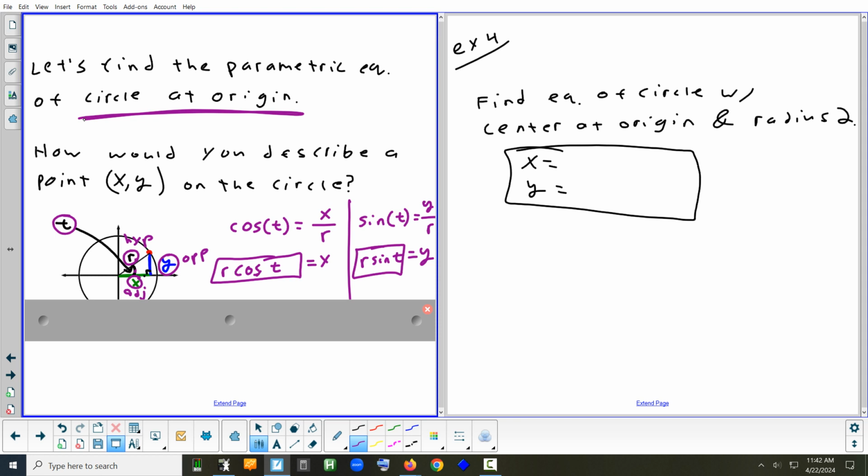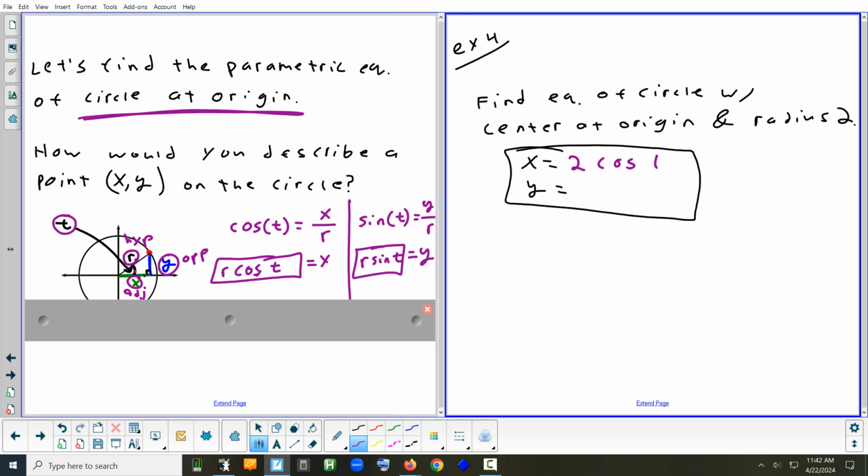Okay, so anyone think they could tell me what the formula for x would be, specifically if you let the radius be 2? 2 cosine t. And how about the formula for y? 2 sine t. That will draw a circle that has a radius of 2, if you type everything in correctly.